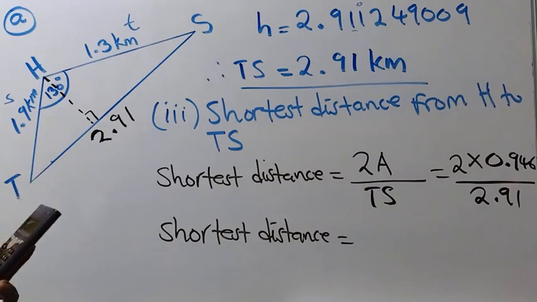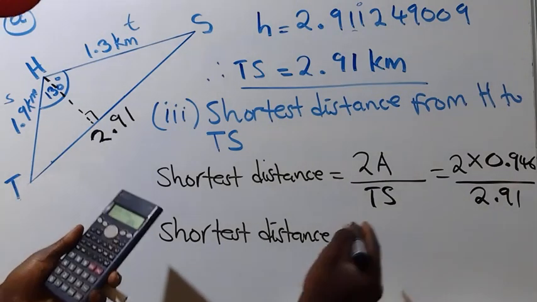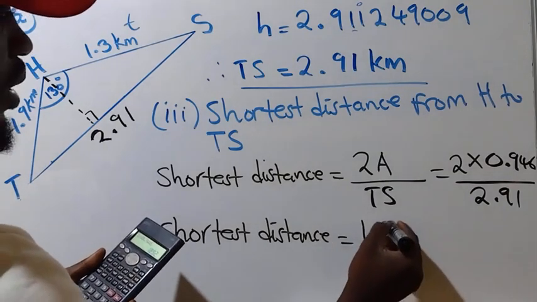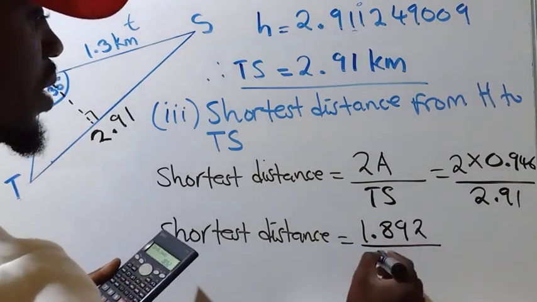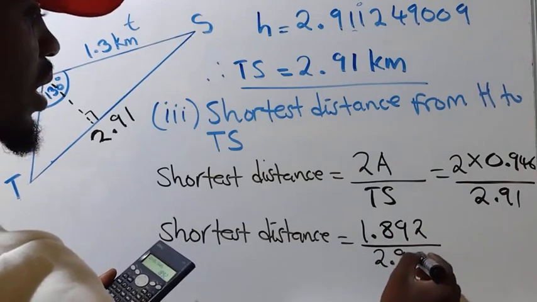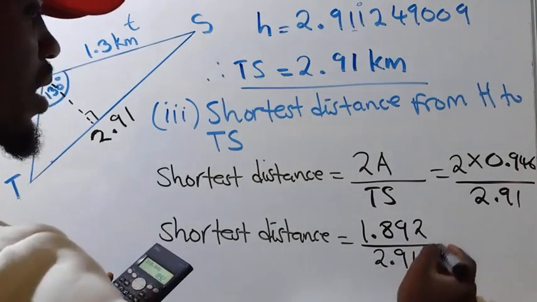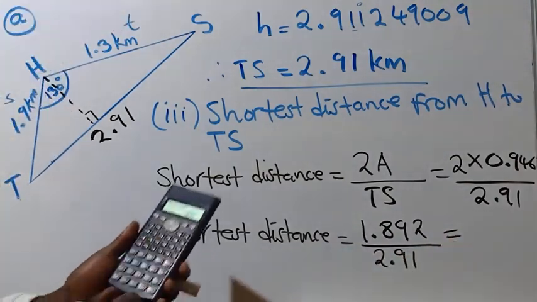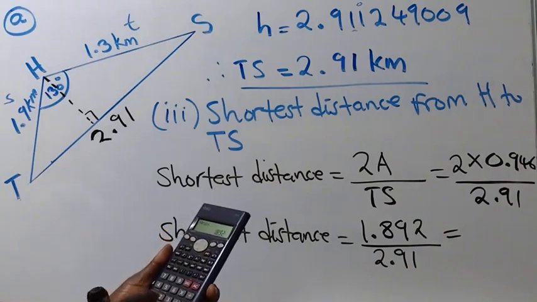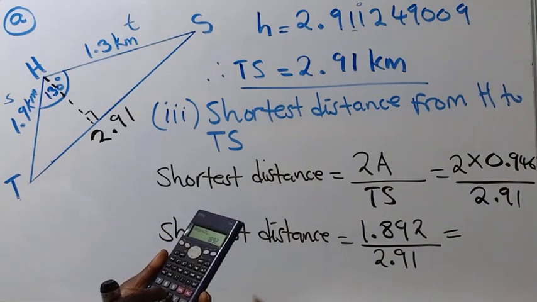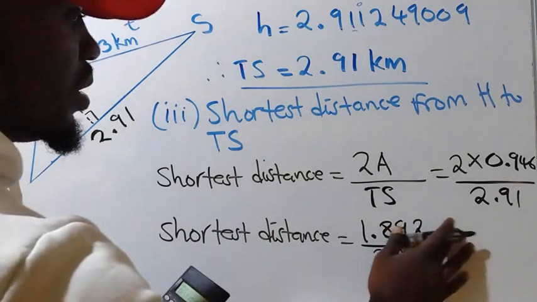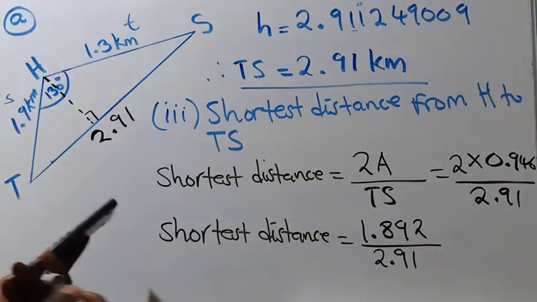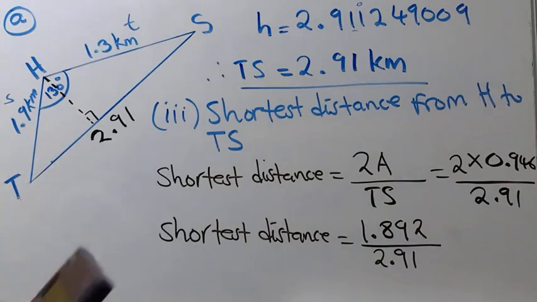You are getting 1.892. Remember to calculate as well, I might make a mistake as I'm calculating here. Now just divide by 2.91. Let me write it somewhere so that you see it clearly.